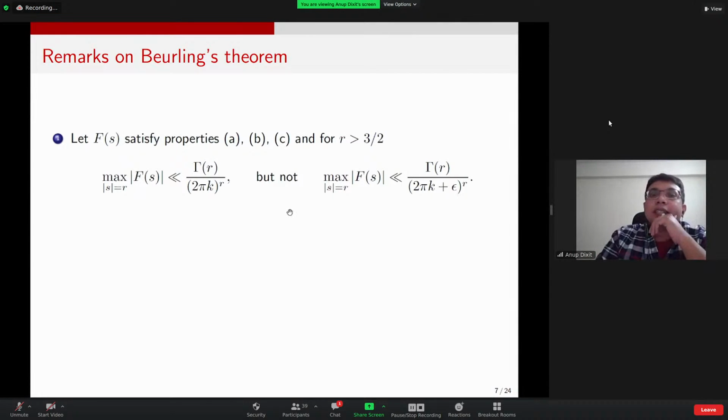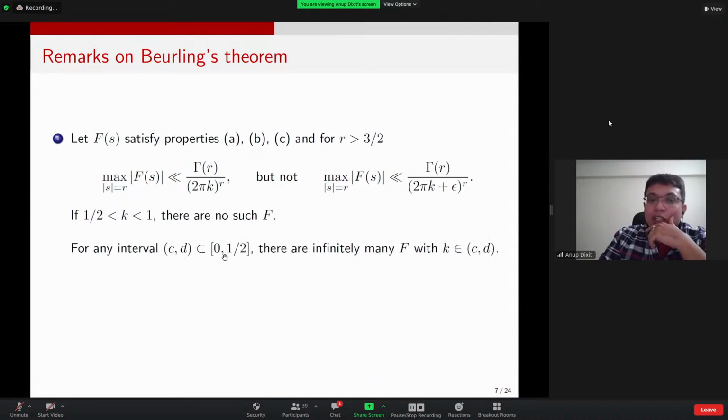Then in fact, if I take any k between half and 1, then there are no such functions f. So remember that for the Riemann zeta function, this k is just equal to 1. And between half and 1, there is no such function. But if we are less than half, and I take any subinterval of 0 to half, then there will be infinitely many functions f with this k lying in the subinterval.